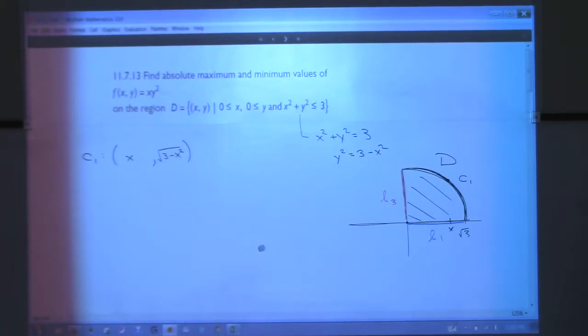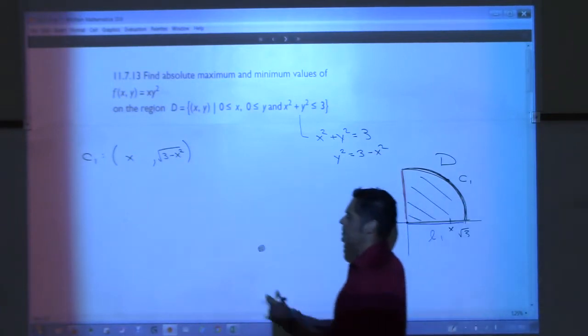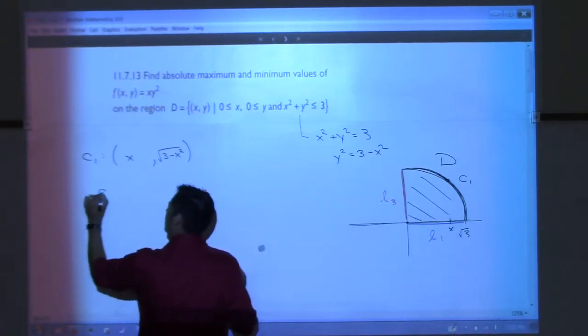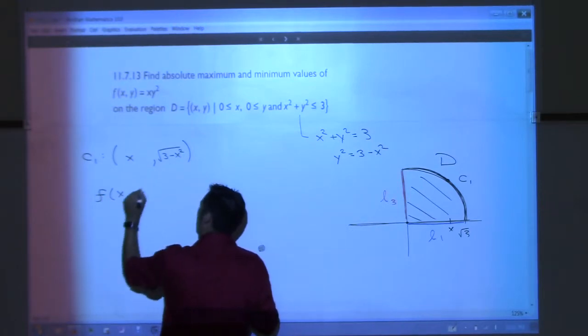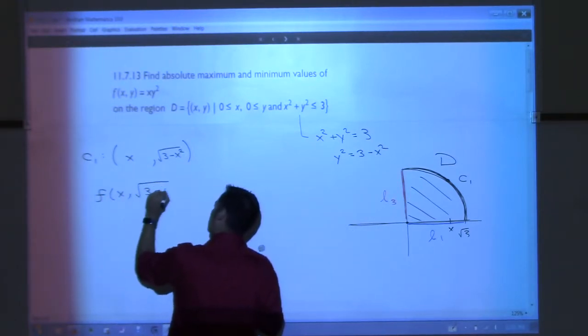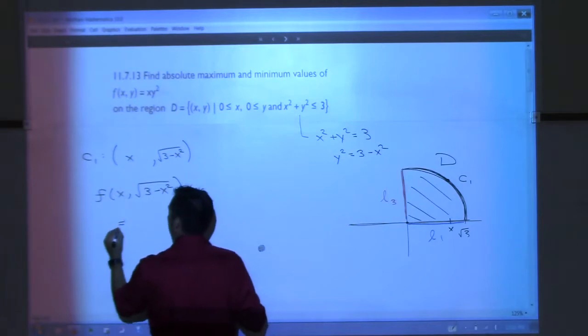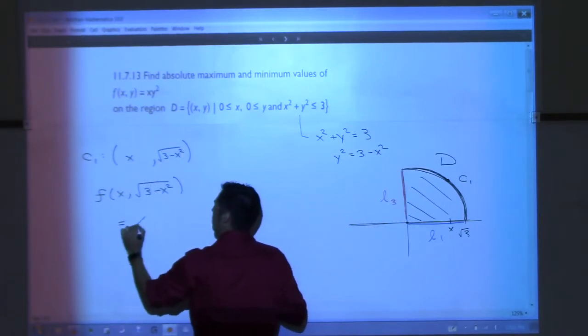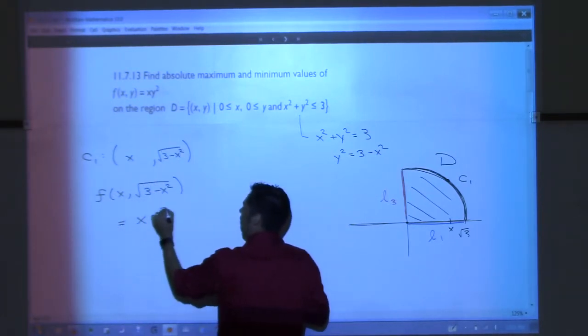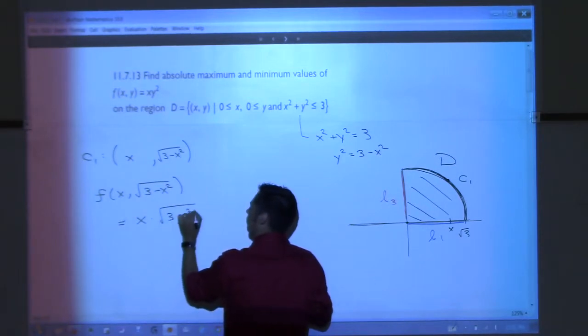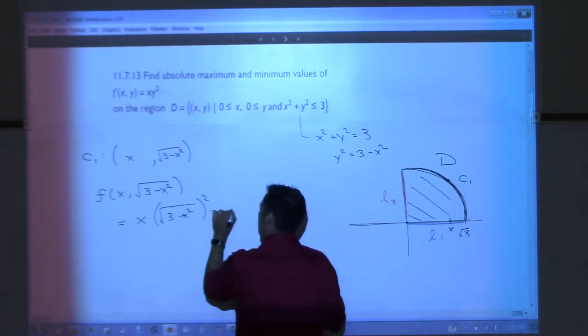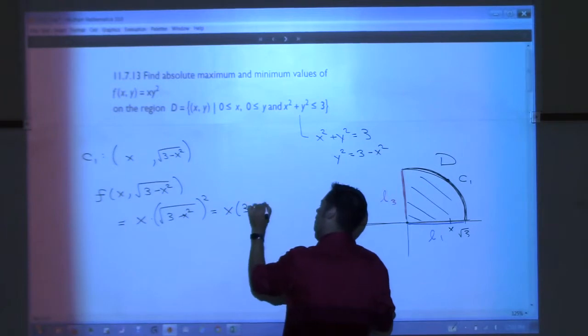Does that make sense? Okay, now let's plug that into our function and see what happens. What happens if we replace x with x and y with root 3 minus x squared? Oh, isn't that nice? Look what's going to happen. It's x times this thing squared, which is x times 3 minus x squared.